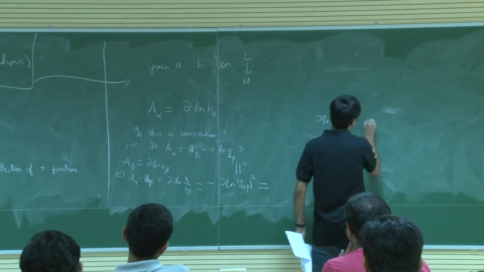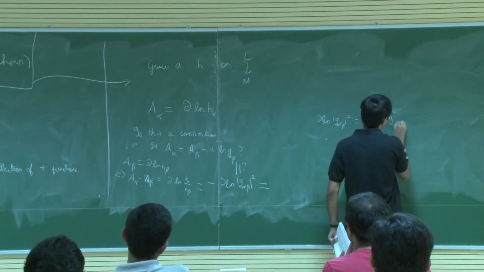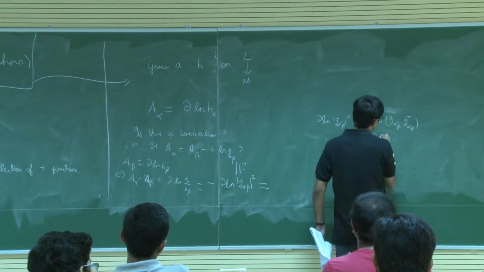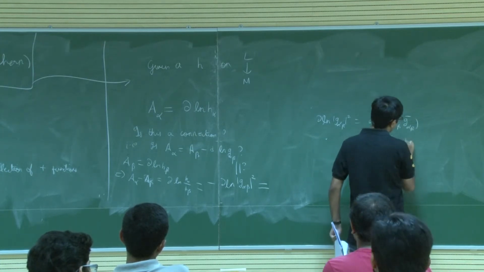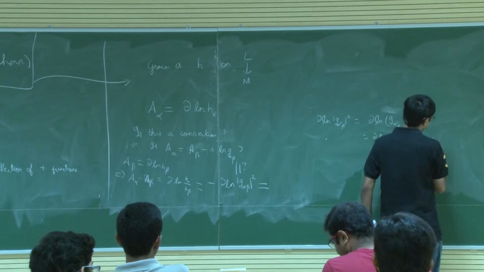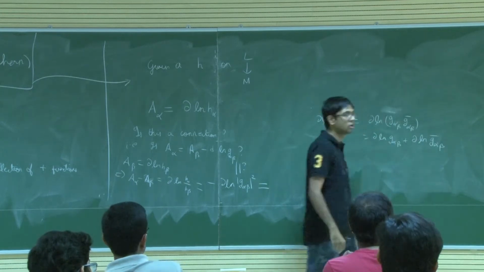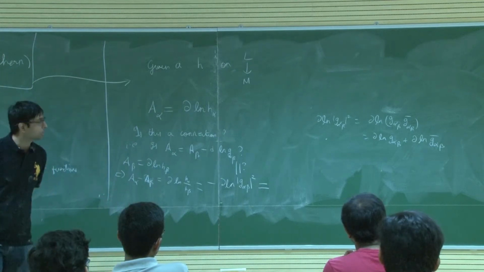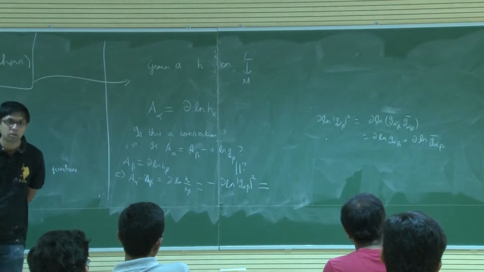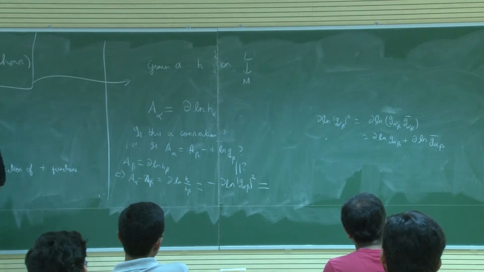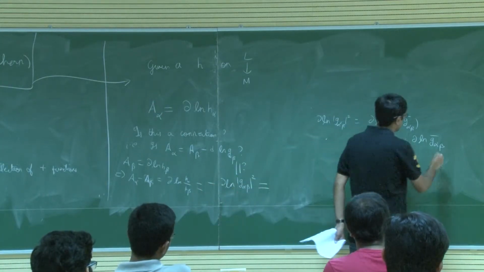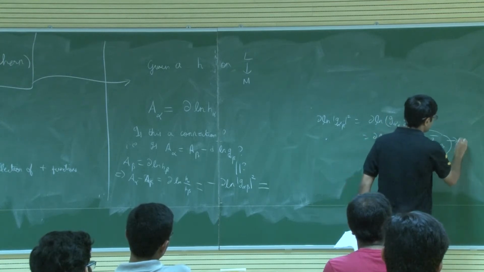This is del ln g alpha beta bar, which is del ln g alpha beta plus del ln g alpha beta bar. So what's the problem with that?